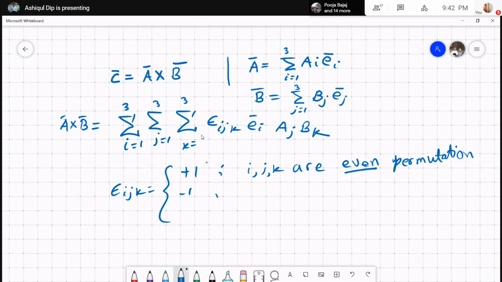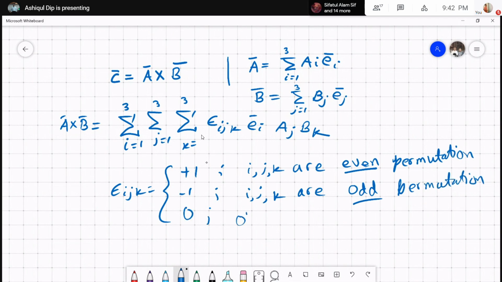It is -1 if I, J, K are an odd permutation. And 0 otherwise. That means for all other combinations, it's 0. This is how we define our cross product.